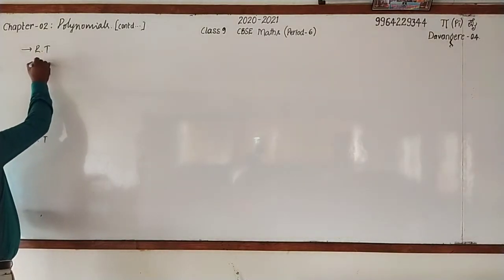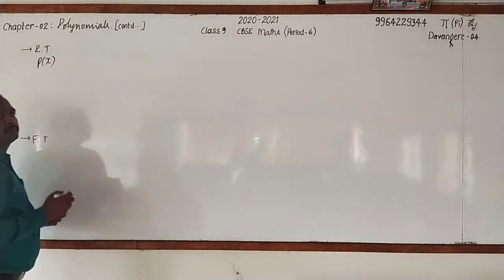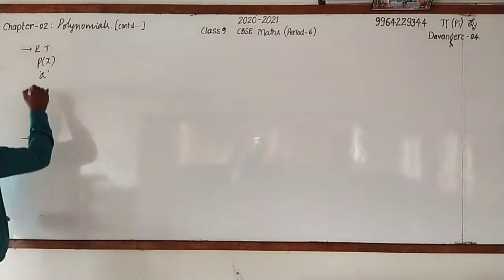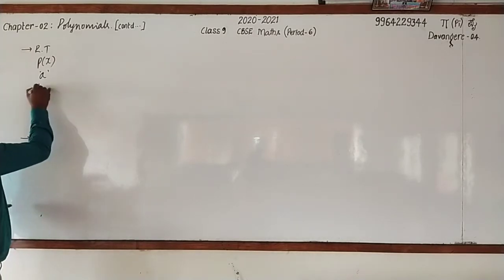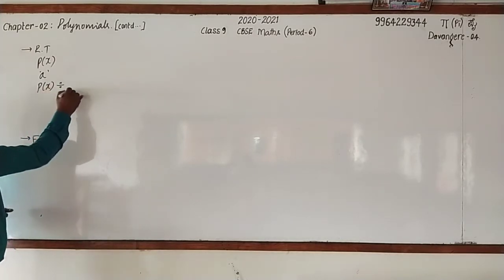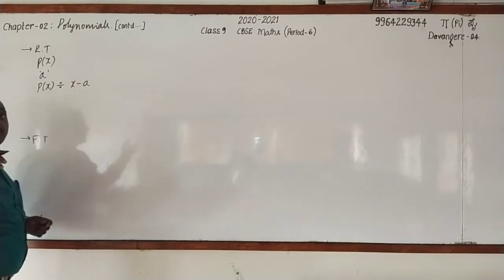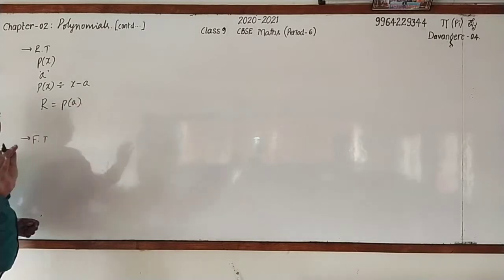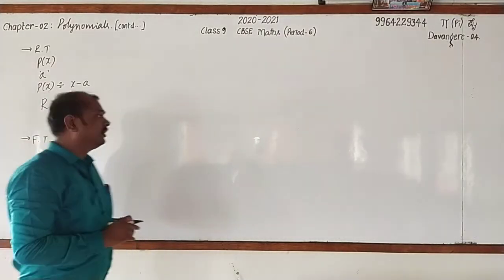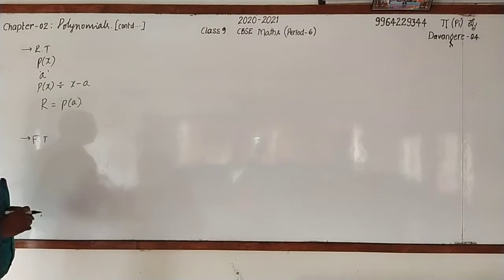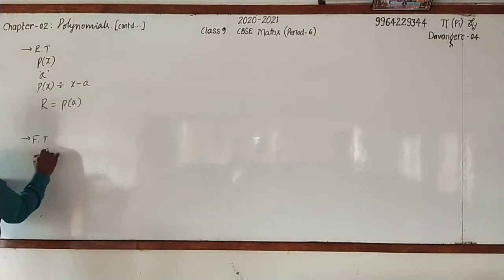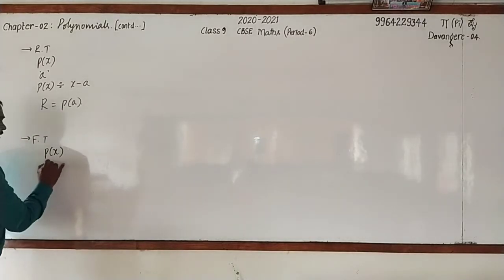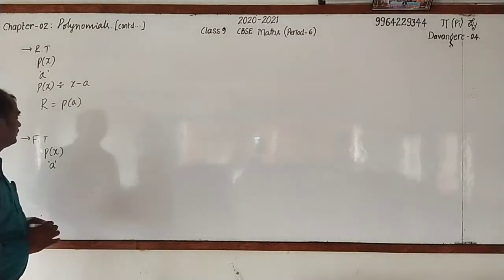Remainder theorem states that let P of x be any polynomial and a be a real number. If P of x is divided by the linear polynomial x minus a, then the remainder is P of a. Right? This is the statement. Now the second one, factor theorem. It states that let P of x be any polynomial, a a real number.